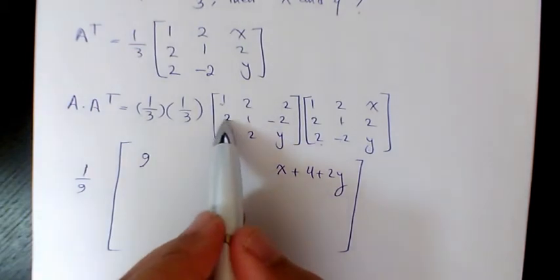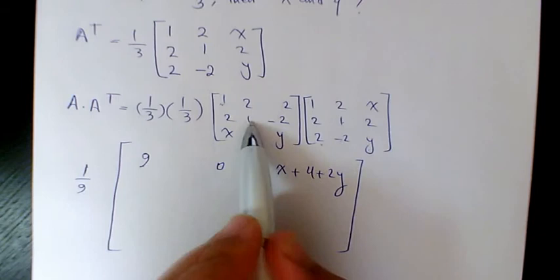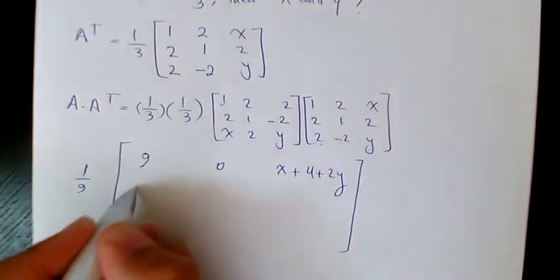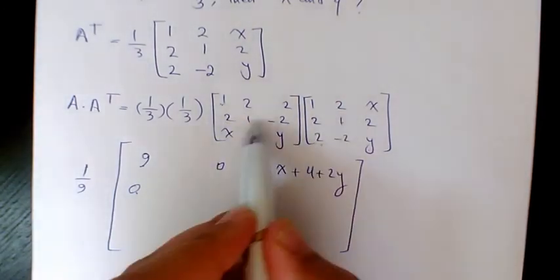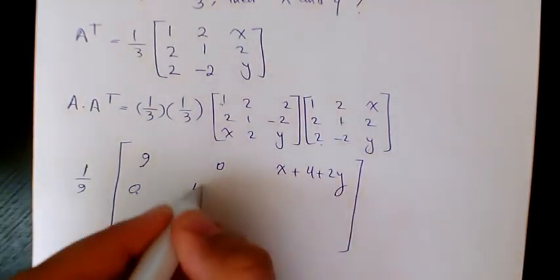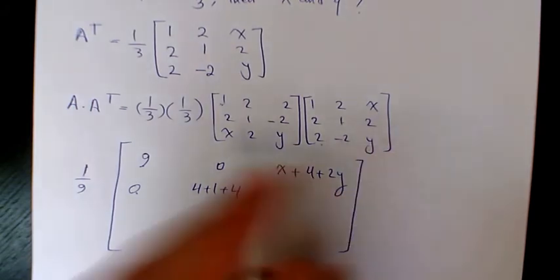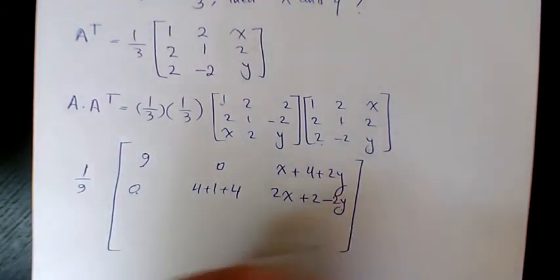Then you multiply this row by the first column, 2 by 1, 2, 1 by 2, 2, negative 2 times 2 is going to be 0. Then you have negative 2 by 2 plus 1 by 1 plus negative 2 by negative 2. That's going to be 4 plus 1 plus 4. Then 2, 1, negative 2 times this one is going to be 2x plus 2 minus 2y.